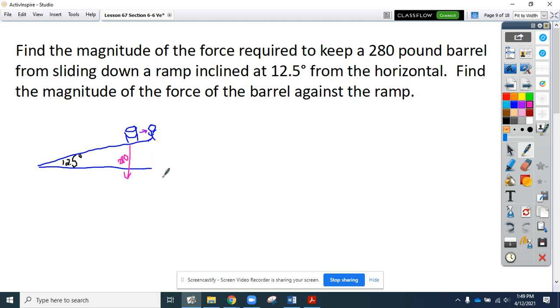Then we're looking at different forces that are here. So weight of the barrel we already have. We're thinking about what's the force that's required to pull. That's my purple line there. And then what else is happening here? What else is happening is we have the actual weight of the barrel against the ramp.